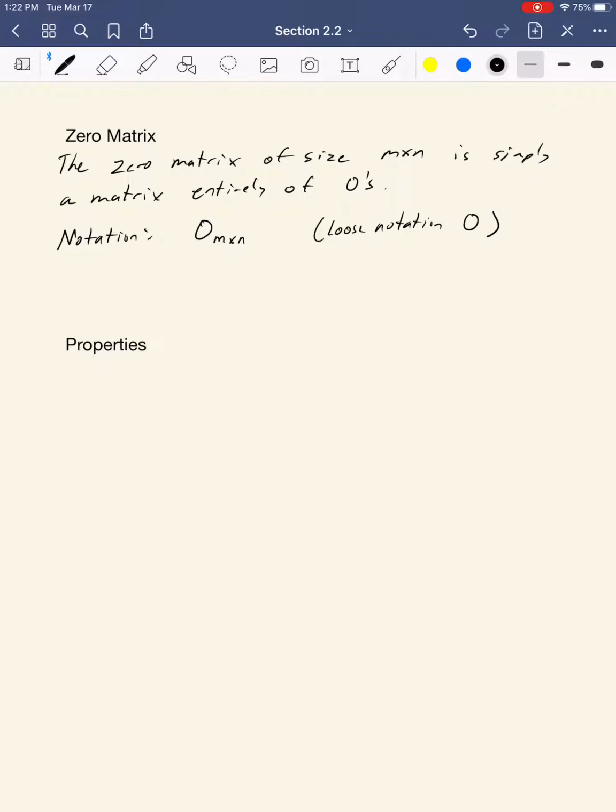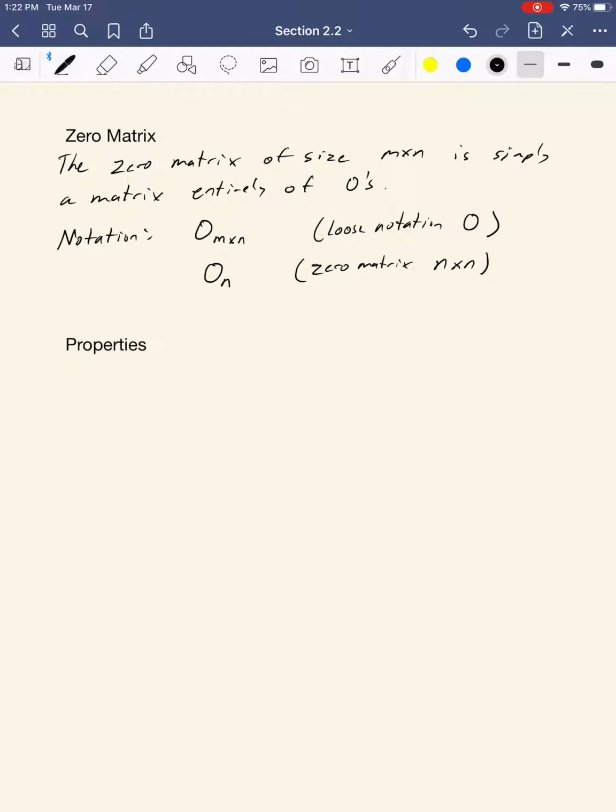Sometimes you will also see 0 sub n, which means the zero matrix n by n, the square zero matrix. If we know we're talking about a square matrix, we only need to write one of the dimensions since both are going to be the same.